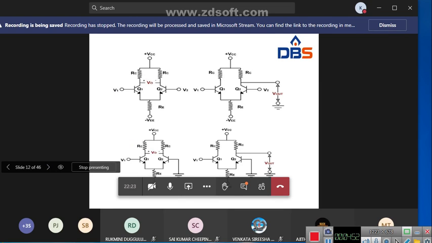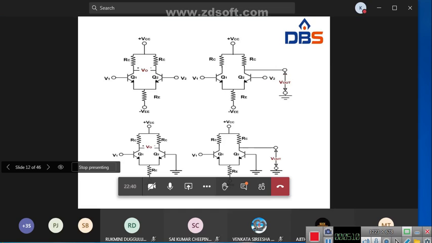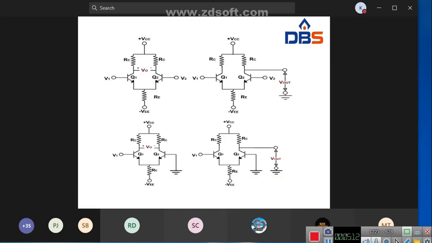Here we are taking the output between two collectors, the collector of Q1 and the collector of Q2. In the first diagram we have two inputs, V1 and V2, so it is a dual input balanced output differential amplifier.